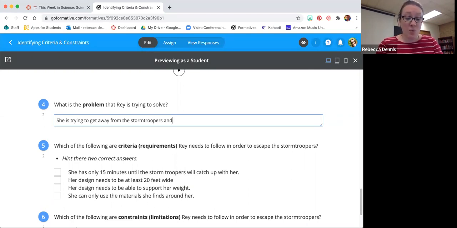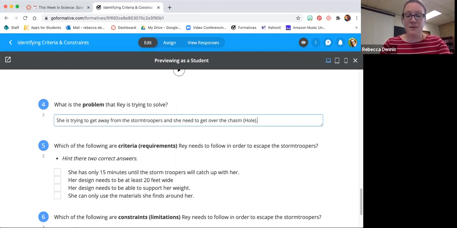And in order to get away from the stormtroopers, she needs to find a way to get over the chasm. And a chasm is another word for a really big hole, okay?